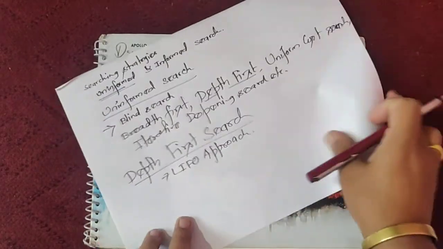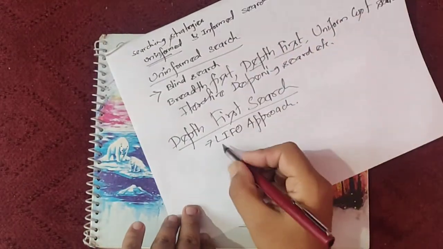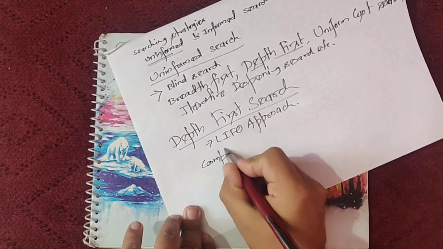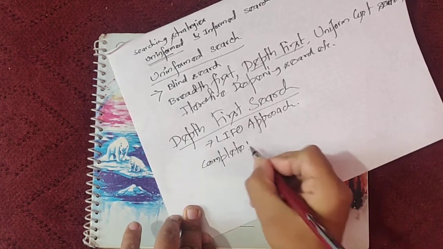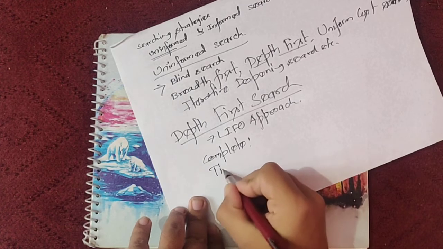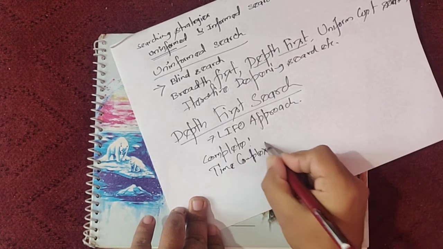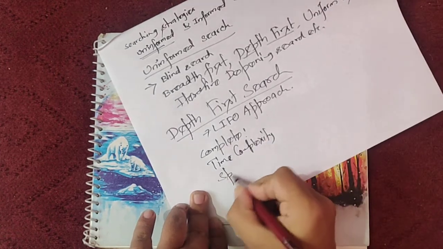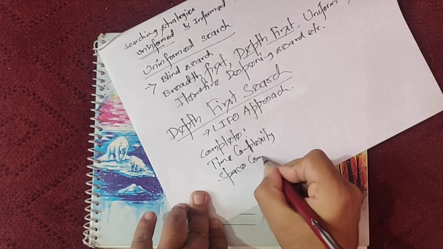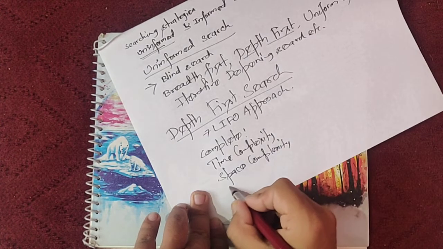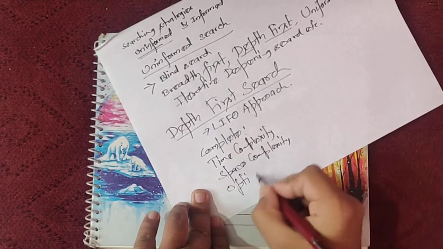What are the performance measures which we have discussed in the previous video? Completeness, time complexity, space complexity, and optimality.